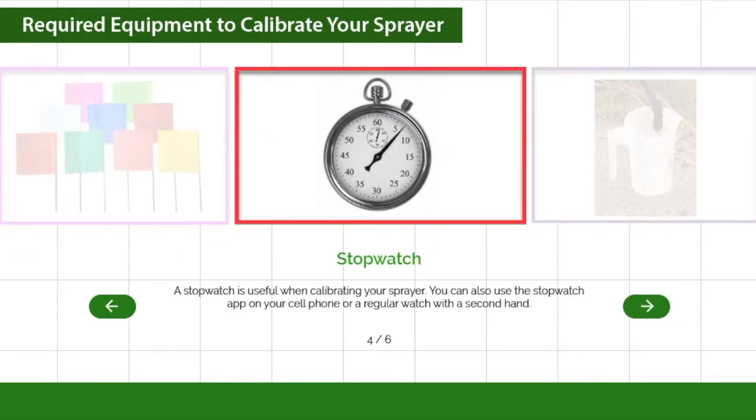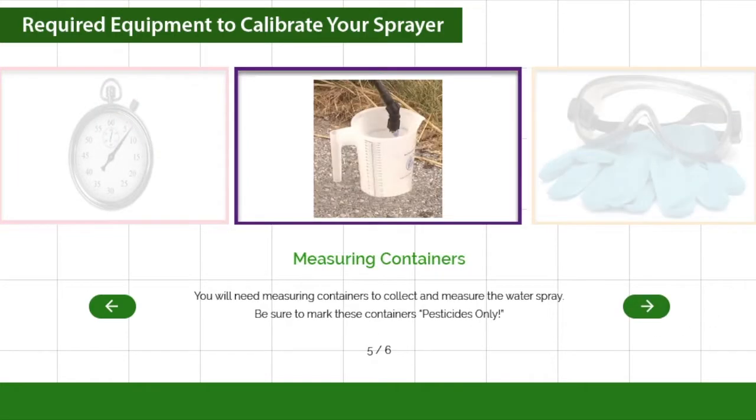A stopwatch is useful when calibrating your sprayer. You can also use the stopwatch app on your cell phone or a regular watch with a second hand. You will need measuring containers to collect and measure the water spray. Be sure to mark these containers pesticides only.